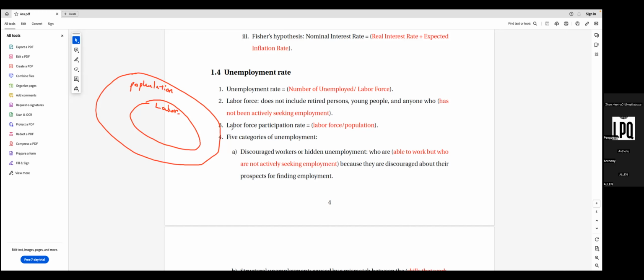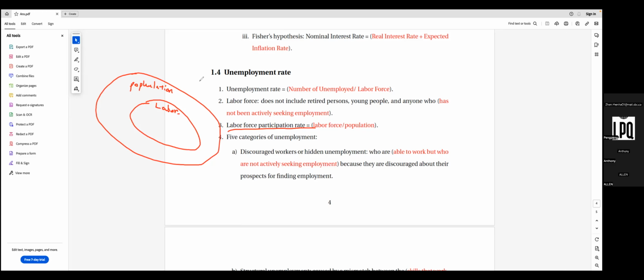With this graph, we can calculate something called labor force participation rate. Labor force participation rate is the fraction that the small circle representing labor force takes up of the bigger circle representing the total population size. How big the labor force is relative to the total population size is called the labor force participation rate.